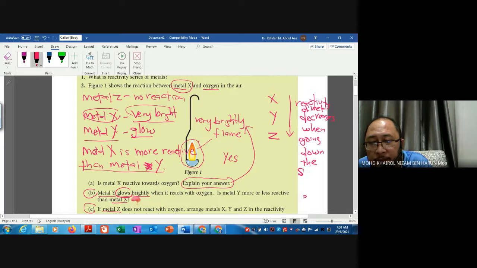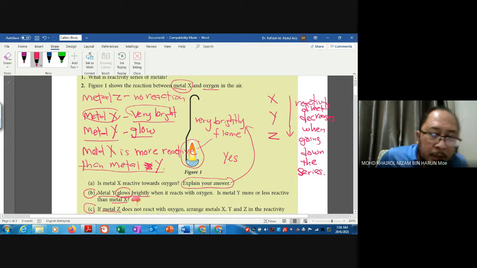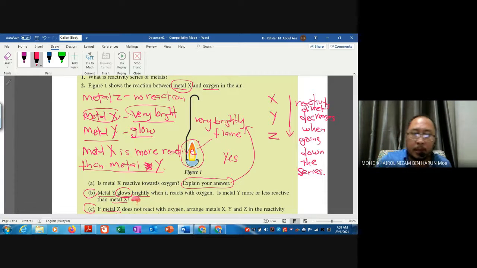So this is how to write the answer and how to explain regarding this question.